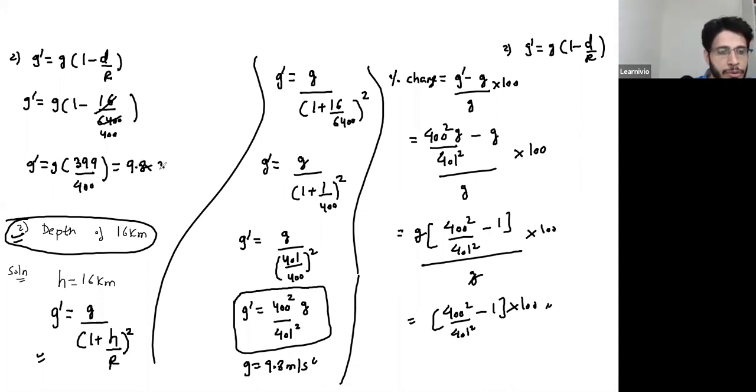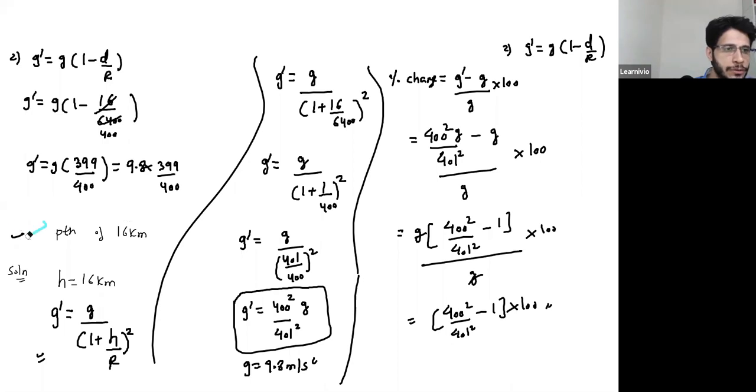So your G prime comes out to be 9.77 meter per second square. So this is the value of acceleration due to gravity in depth.